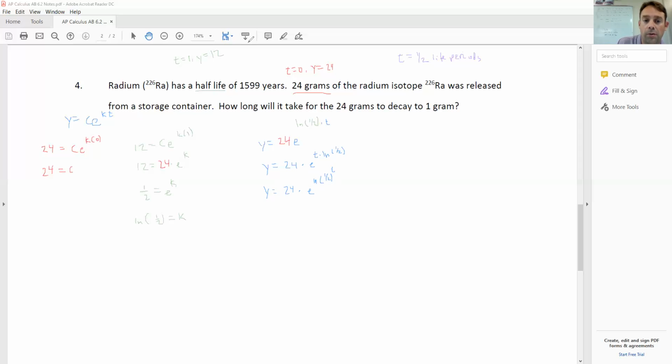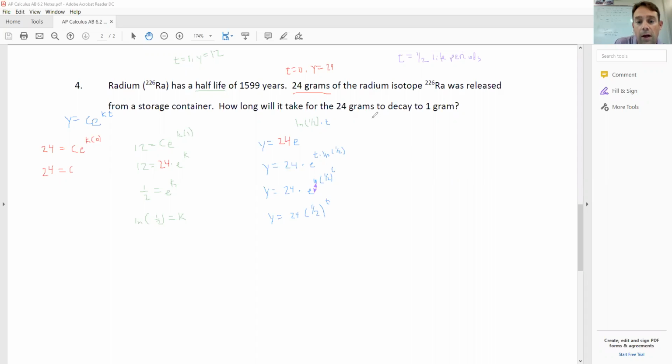So right here, where I have an e raised to the natural log, those are inverses of each other, so they would essentially just cancel each other out. Sometimes it helps to clean things up a little bit to create something that's a little bit easier to use. So y equals 24 times 1/2 to the t.